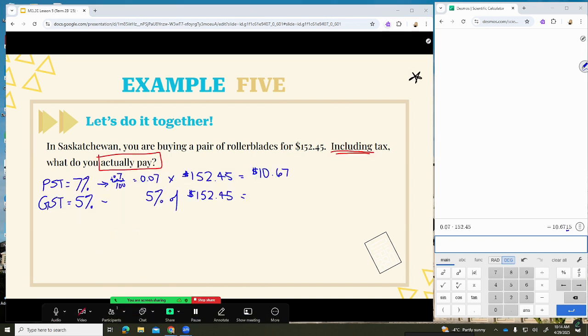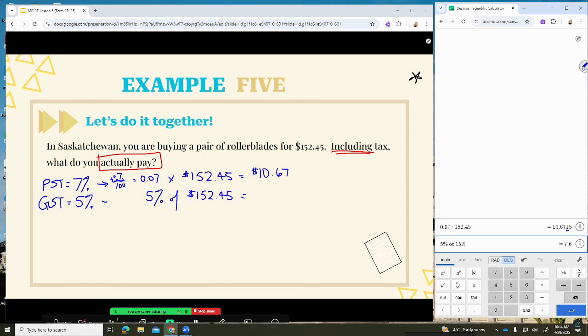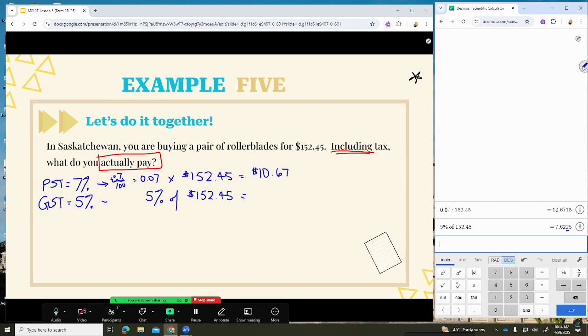Remember on Desmos, you can say 5% and it comes up as 5% of $152.45. We get 7.622, not strong enough, so it stays at 62 cents.